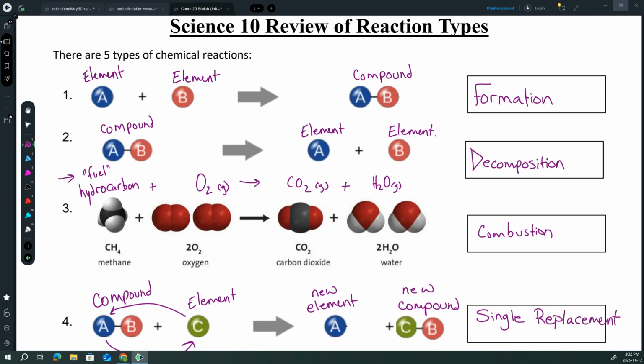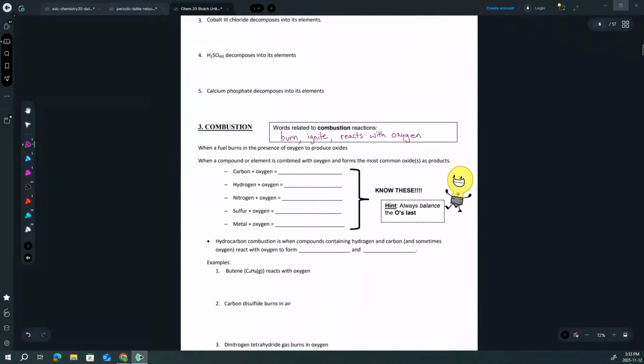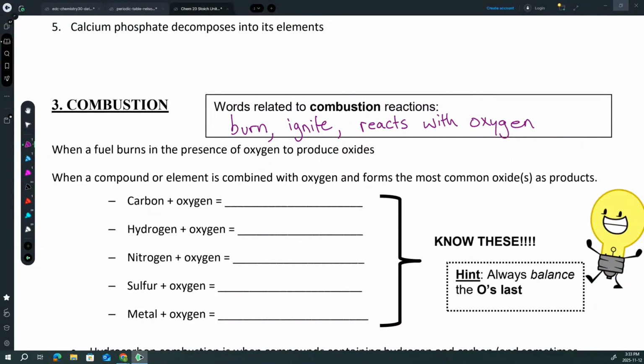But I did mention it could be any fuel reacting with oxygen, and if you have a fuel in a more vague sense of the word reacting with oxygen, that's where you're going to get your common oxides as your products.